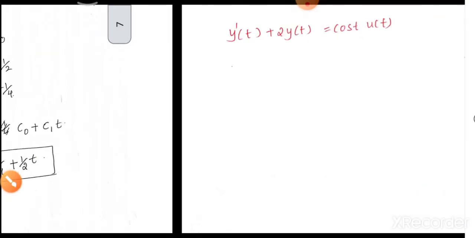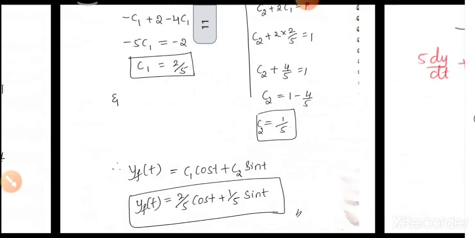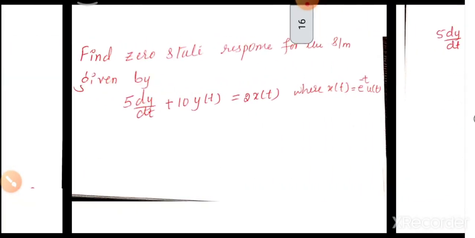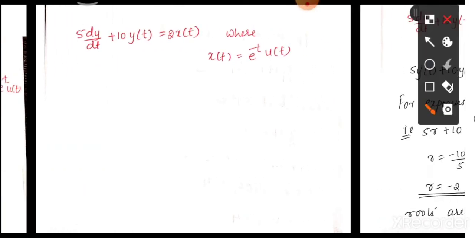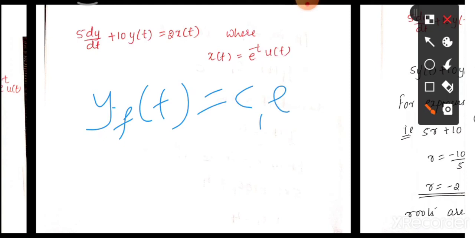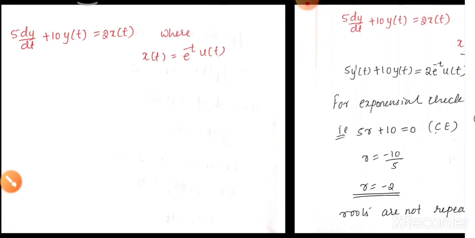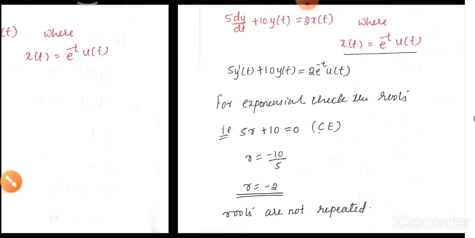So that is the forced response we have to write here: y(t) will be, by the same procedure, c1 e^(rt), where the exponent is minus 1 times t.